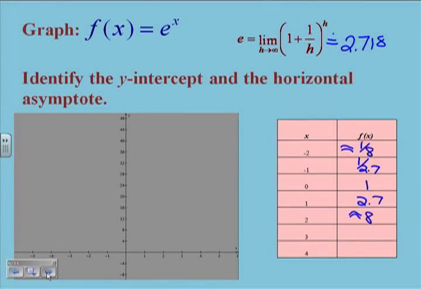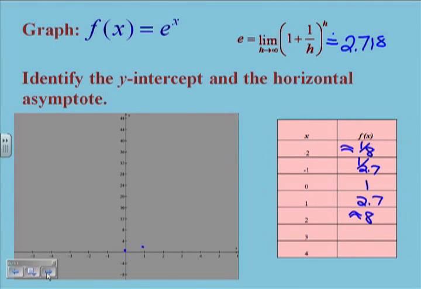Okay? And if I plot this, I have 0, 1. You know, I seem to get that point a lot, don't I? Do you think I'm going to always get it? At 1, I get that value of e, which is around 2.7.